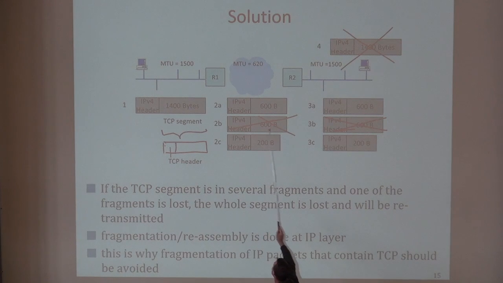If this fragment is deleted, then there will be no reconstruction. So TCP will see 1400 bytes, or minus the TCP header, missing. So it will retransmit everything. This is why fragmentation of IP packets should be avoided with TCP. If we have a mechanism that can retransmit selectively some bytes, then it's stupid to have to retransmit everything when a fragment is lost.